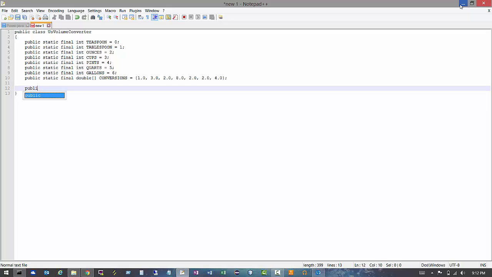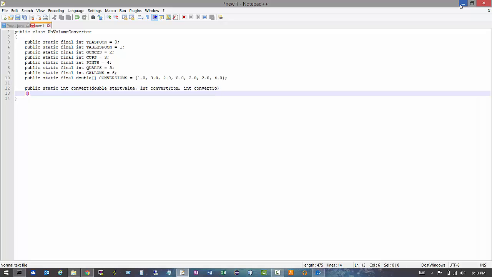So I'm going to make a single method, public static int convert, which is going to take in a start value, how much of whatever it is we're converting do we have, convert from the unit, and I have to give these types, int convert from, int convert to.